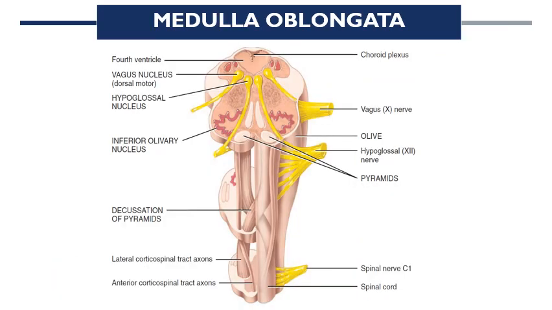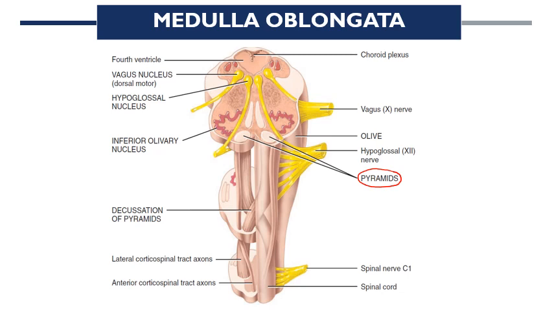Medulla oblongata forms the inferior part of the brainstem and it is continuous with the superior part of the spinal cord. The white matter contains all sensory and motor tracts that extend between the spinal cord and other parts of the brain. Some of the white matter's fibers form bulges in the anterior part and these bulges are called pyramids.